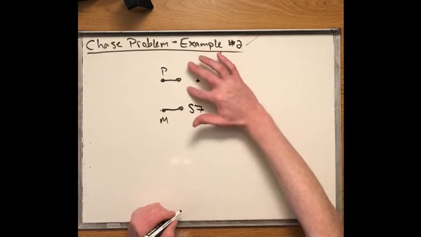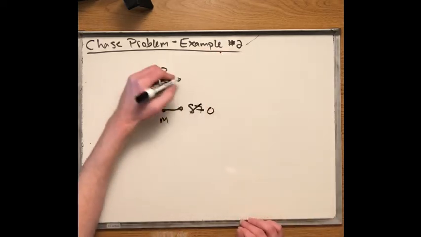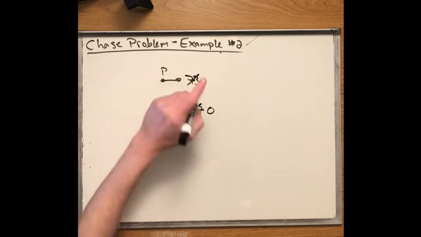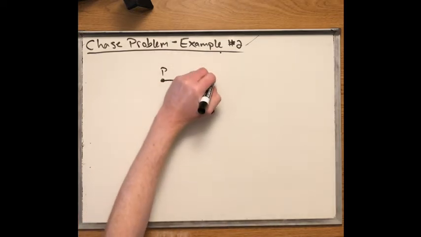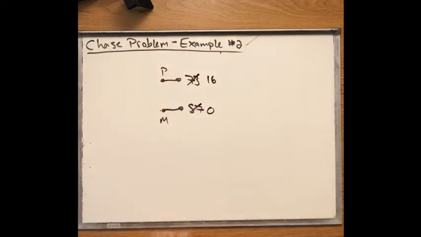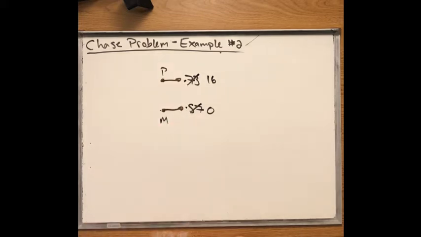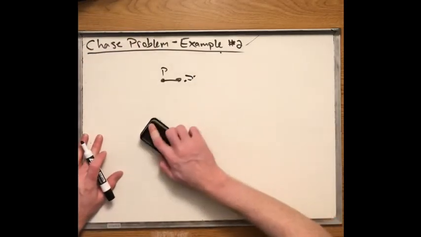And instead of the police officer traveling at 73 meters per second, for them, the police officer only looks like they're traveling at 16 meters per second, which is the difference between these two speeds, which we call the relative velocity. So relative to the motorist, the police is only going 16 meters per second, or 16 meters per second faster than the motorist.